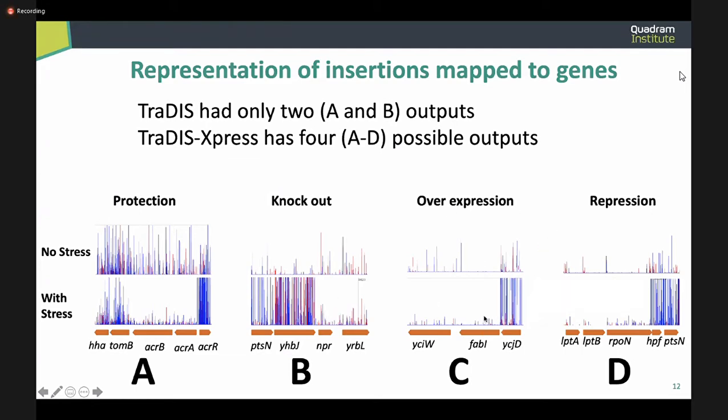And overexpression, when there is an essential gene that is required in the stress condition, it will be overexpressed, as shown in the C panel. And repression, when a particular gene's presence is detrimental, but it is an essential gene, so it cannot be knocked out like B. So it will be repressed by the downward insertions.